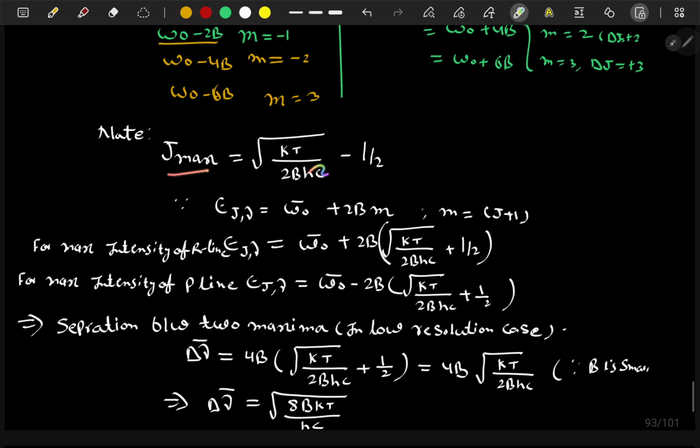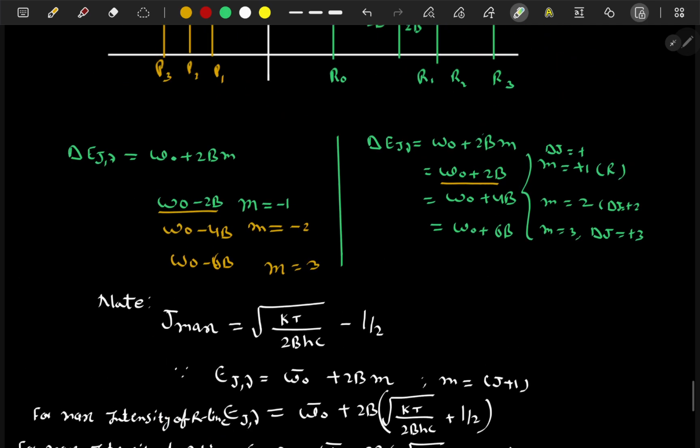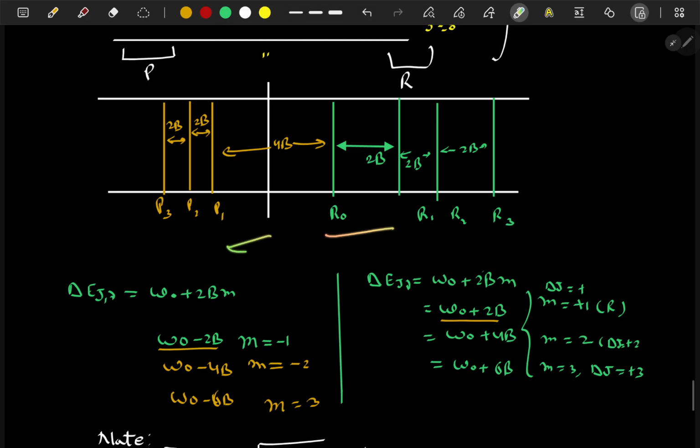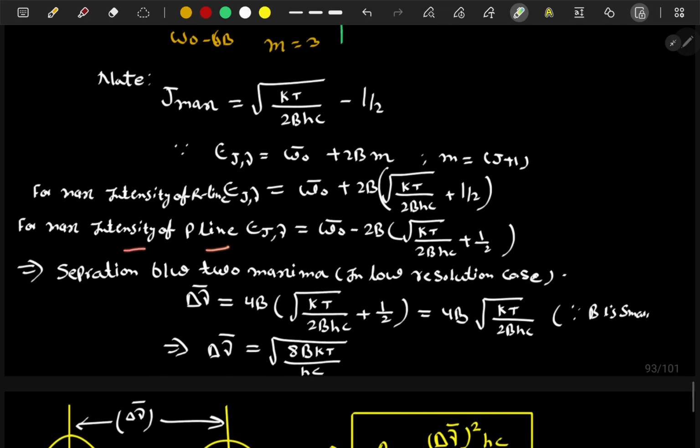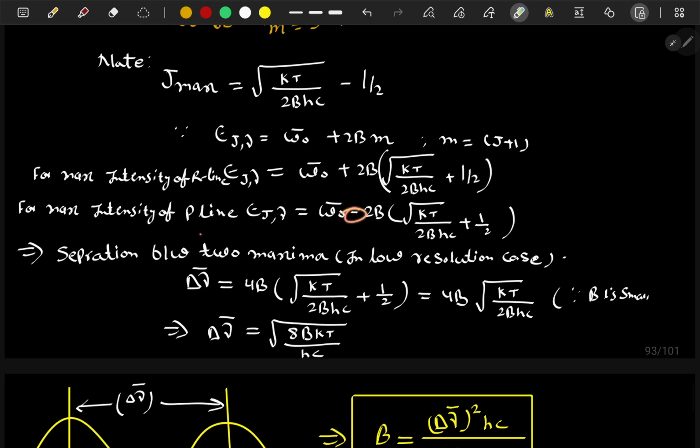So what is the maximum quantum number? It is √(kT/2Bhc) minus 1/2, where m equal to J plus 1. For maximum intensity we will have the R line, and for the maximum intensity of the P line, this is R and this is P. So for the R line we have ω₀ plus 2B in this part, and for the P line here it is minus.